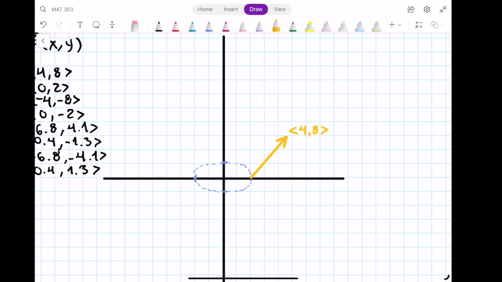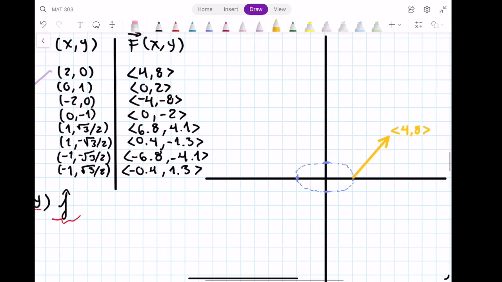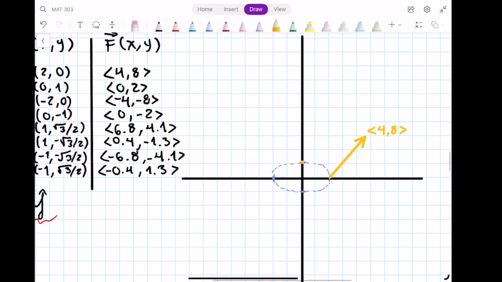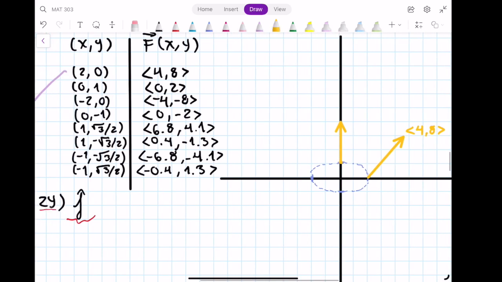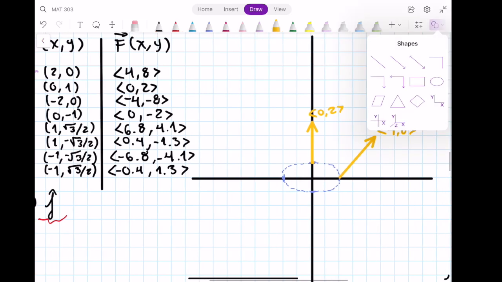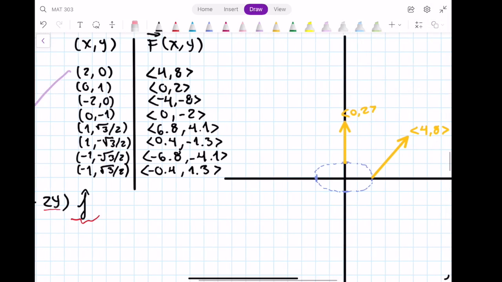The next vector will be 0, 1, right? That is 0 and 2. Same thing here, magnitude of 3, and this is 0, 2. Again, the next one will be this one, and the direction will be 1, 2, 3 around here.